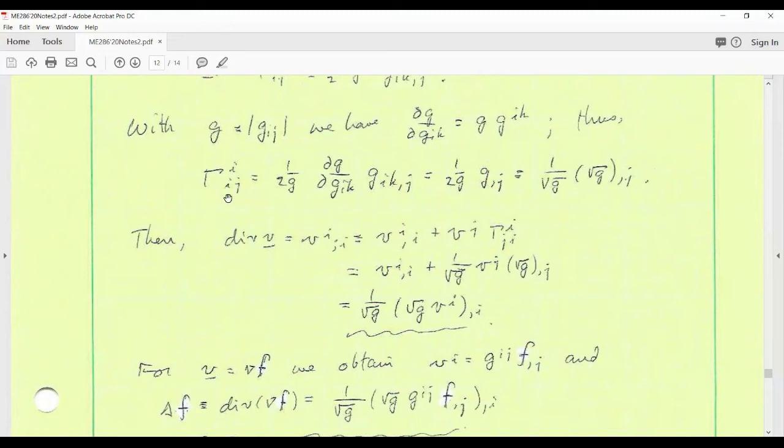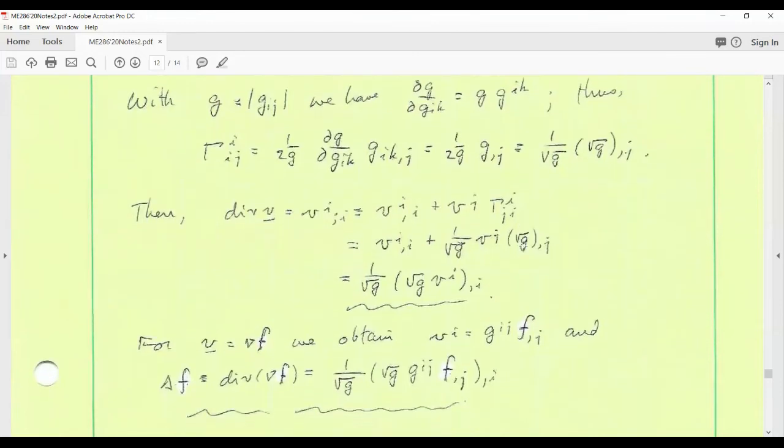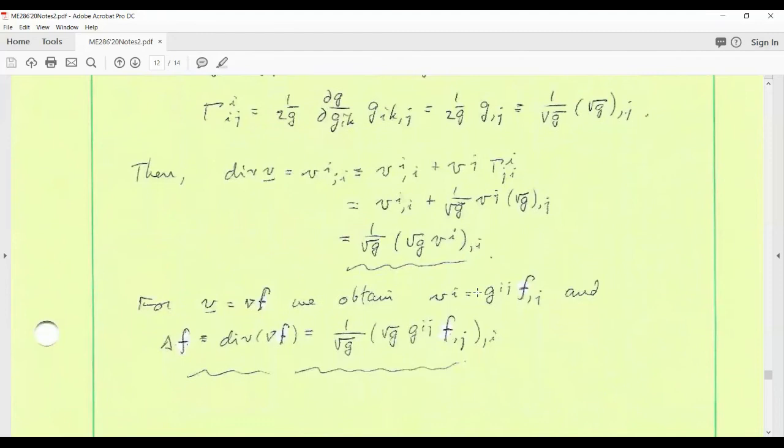And if we use the symmetry in the subscripts, ij is the same as ji, then we can rewrite this as the second line and factor out a 1 over square root of g, and we just have this expression, which involves only a partial derivative here. So this is a much simpler formula to remember for the divergence of a vector based on the contravariant components of the vector.